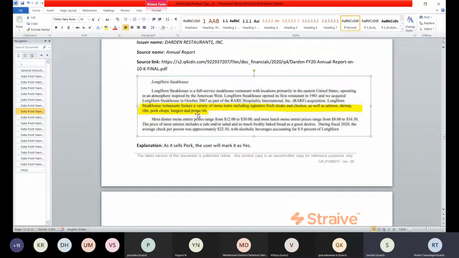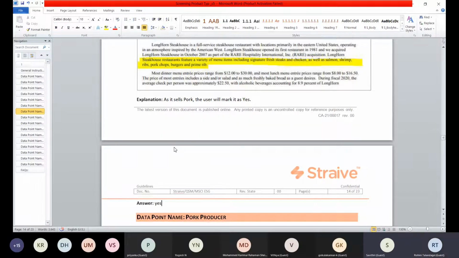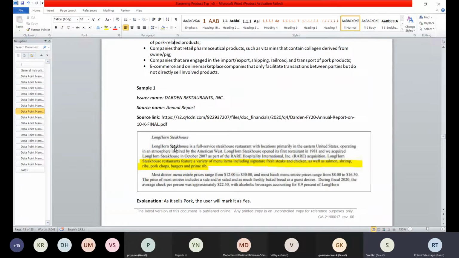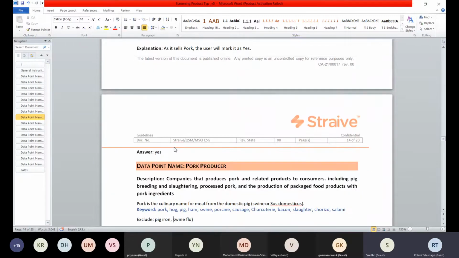So in their restaurant they have a variety of menu items which consist of pork chops. In this case we can mark it as yes, because their restaurant menu includes pork chops. So they are the seller of it, so we can mark it as yes. Any doubt?